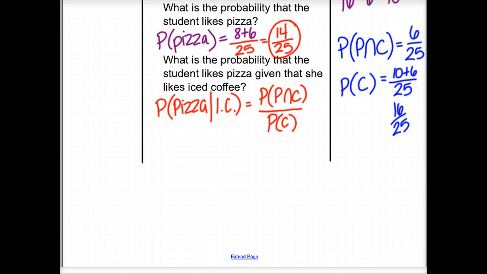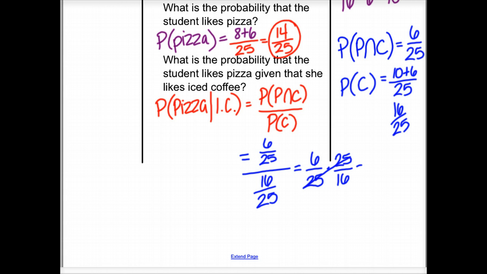So then if we put that into our formula, that's going to be 6 out of 25 divided by 16 out of 25. Now do we remember from way back when that dividing fractions is the same thing as multiplying by the reciprocal? So 6 over 25 times 25 over 16. The 25s cancel, leaving us with 6 over 16, which simplifies to 3/8.